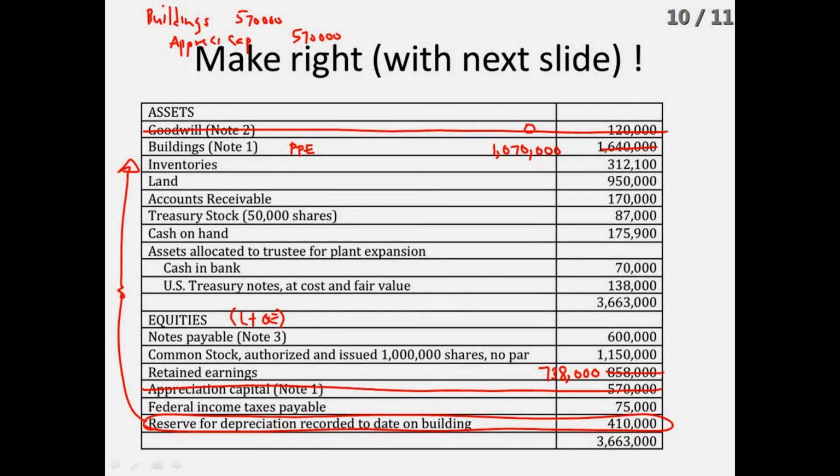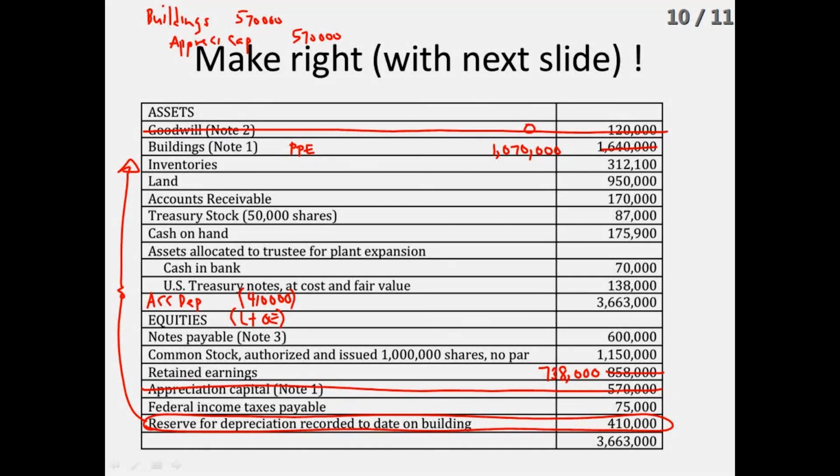If we had done depreciation incorrectly, we would have to make that kind of adjustment. Okay, so we're going to move it, but we're going to move it as a negative number, right? So accumulated depreciation is a contra asset. So we're going to have accumulated depreciation, and it's going to be minus 410.